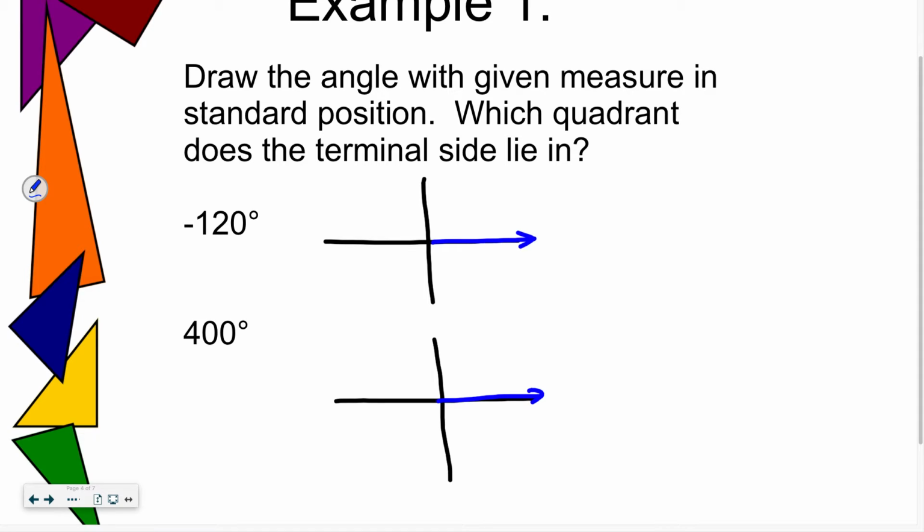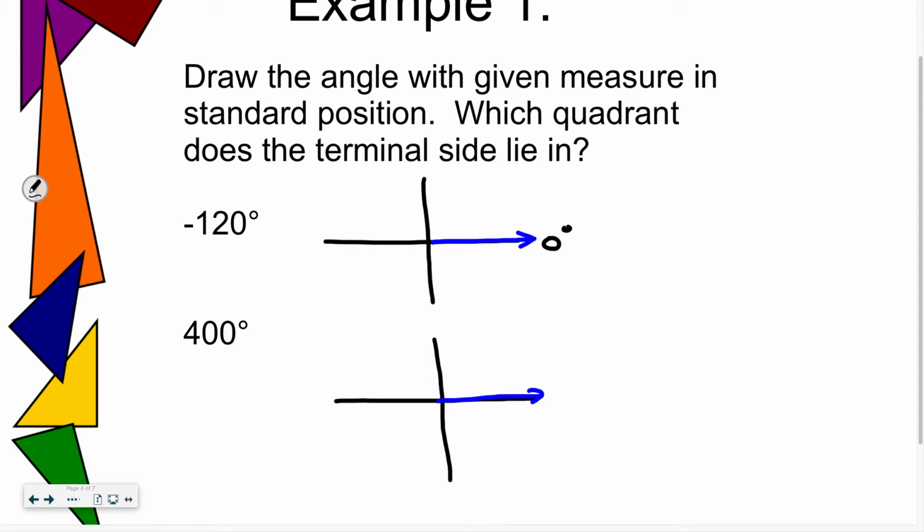And then once you get yours drawn, remember, try to name which quadrant you think that's in. The most important part would be, can you get your terminal side in the correct quadrant?